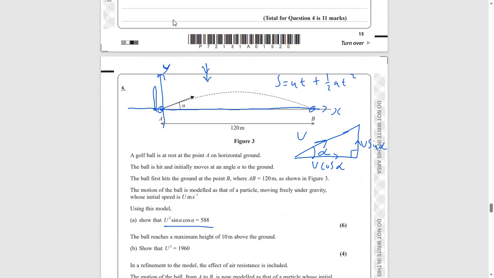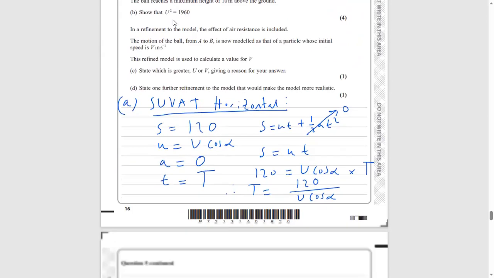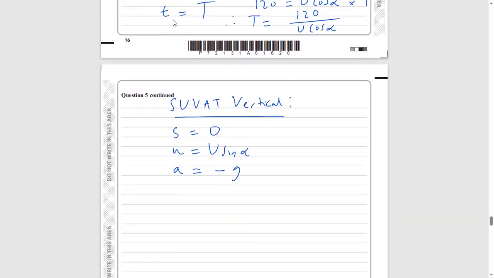Our acceleration is trying to pull us downwards. If we say that our initial speed is positive, then the acceleration is going to be negative, because our acceleration is due to gravity, which is going against the motion. So it's a negative vector, so negative g.